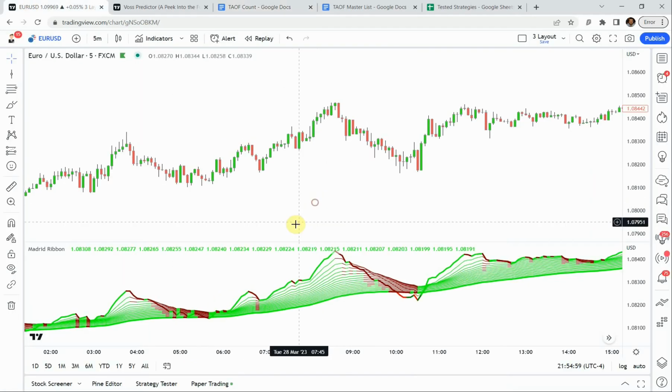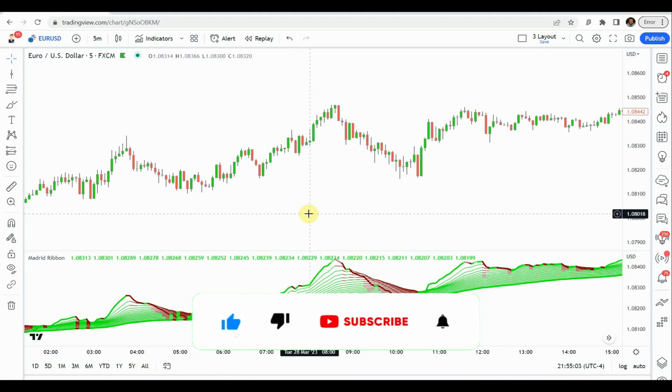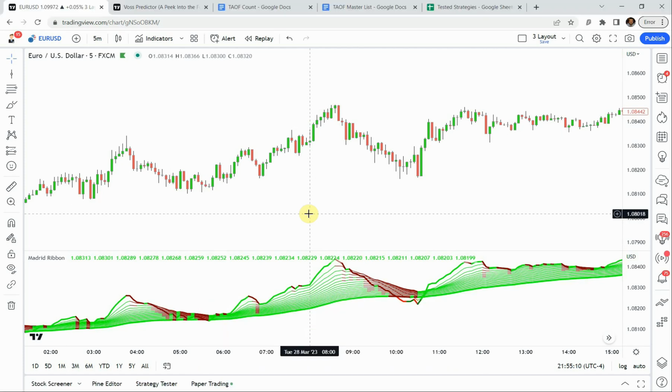All right, so today we are testing another top 5 Tradingview indicator. A couple of videos back, we did a video on the top 5 Tradingview indicators. I found a source video that's outlining these 5 different indicators, and the claim is that they are some of the best indicators, the top 5 indicators that you can find on Tradingview. And the strategy basically uses the single indicator as a strategy.